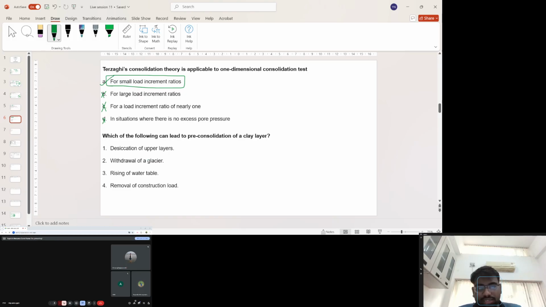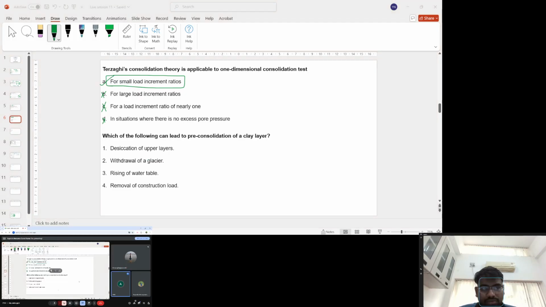Excuse me, sir. Is it mentioned in the assumptions of Terzaghi's theory? No, it is not a direct assumption. You will not find it in any textbooks as such. But usually, in application, compared to the existing stress states, the load increment will be very small.